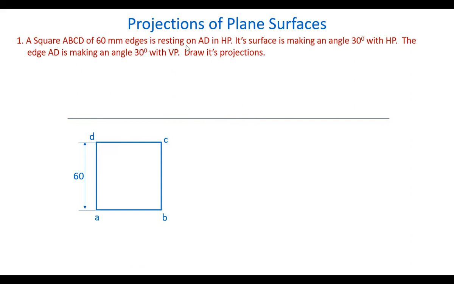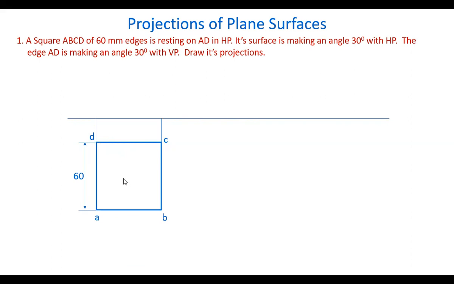It should be taken in HP because it is resting on something in the horizontal plane, that is AD. So this edge AD must be initially perpendicular to VP. That's why AD is taken perpendicular to VP and its projections are drawn. Now, the plane should be taken in the horizontal plane having one edge perpendicular to VP.